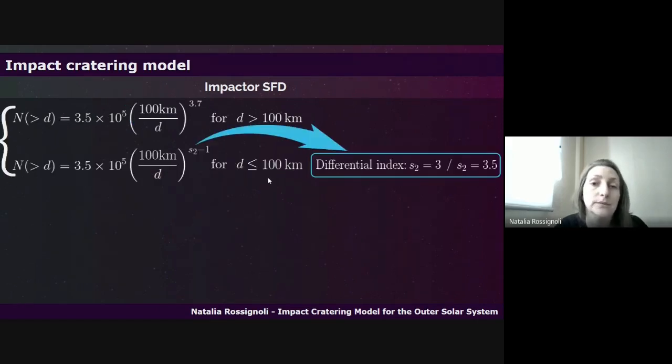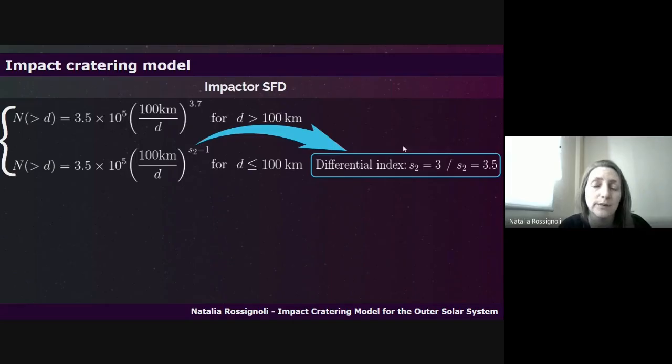Then, for the smaller members of our impactor population, we use this shape of this distribution, where this index has a large uncertainty because these impactors are very small, so it is very difficult to obtain a certain impactor size frequency distribution.